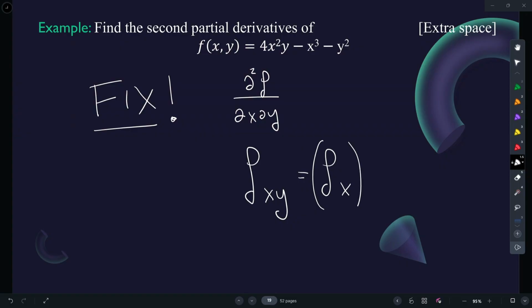So I've done the x derivative and then hit it with the y derivative. So this one would be the second derivative where I first hit with x and then hit it with y. I think this makes more sense as a notation. So let's keep it this way.